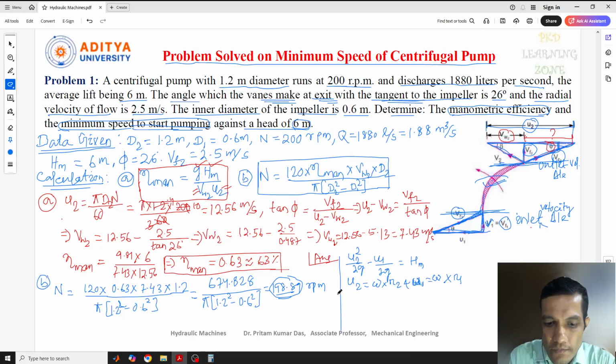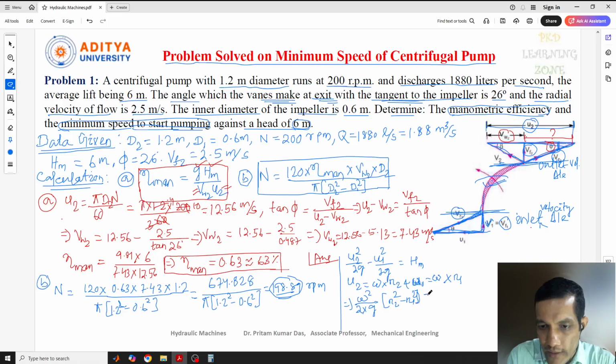Now if you put these values in this equation, finally we can take omega square by 2g common, and in the bracket we have R2 square minus R1 square.